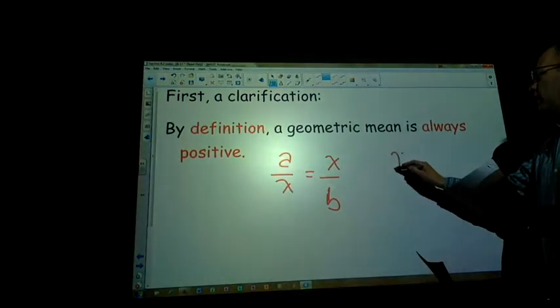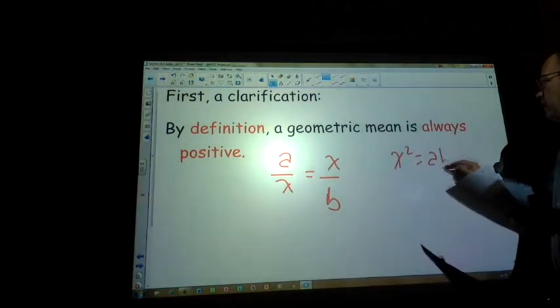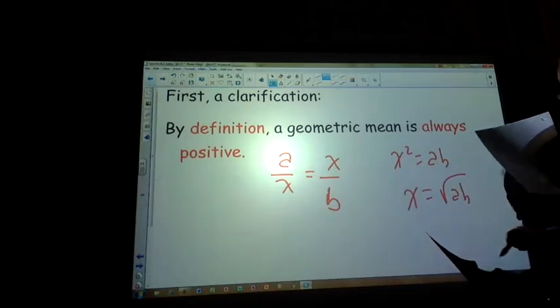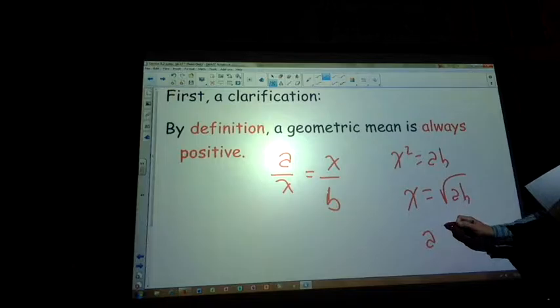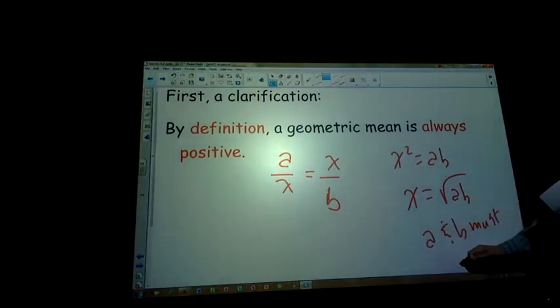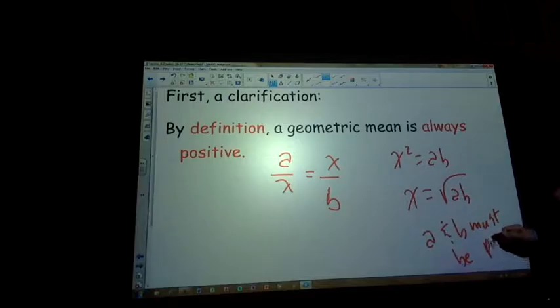So that means I'm going to get x squared equals ab, which means x equals the square root of ab. And a and b must be positive. Okay? So that's kind of just starting out where we're going to start going.